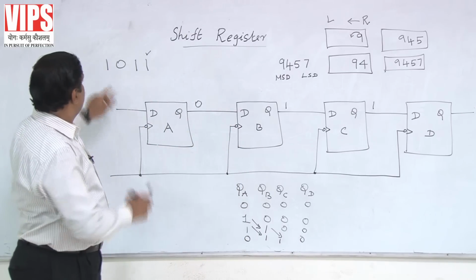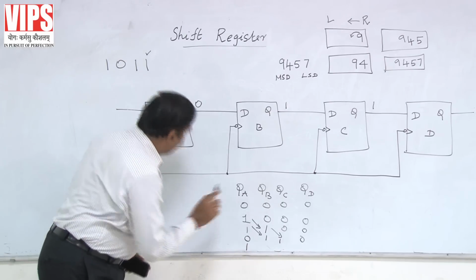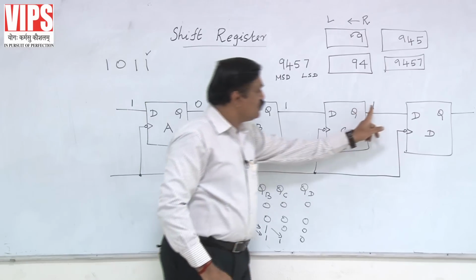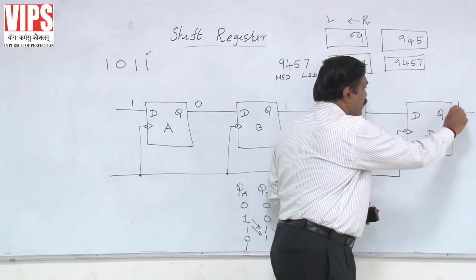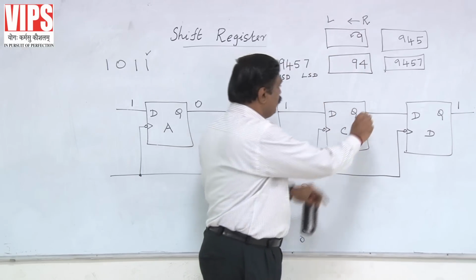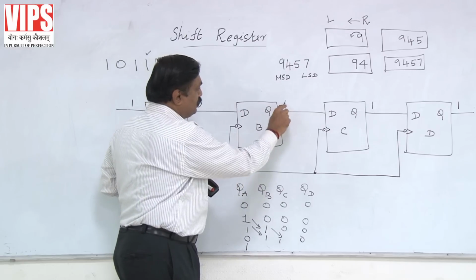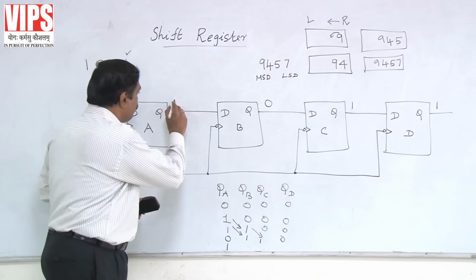The last number is 1. If you give 1 here, this one will shift there, this one is shifting here, and this 0 will shift here, and this one will go here.